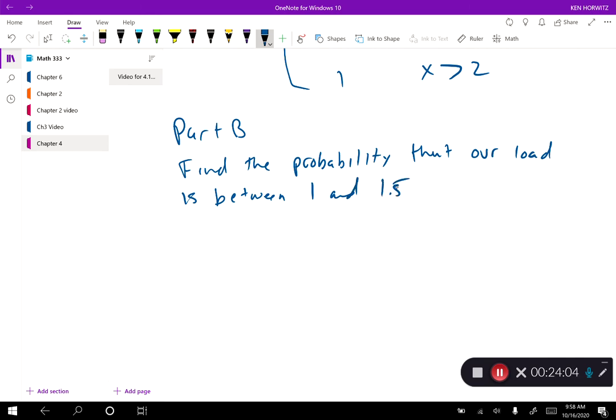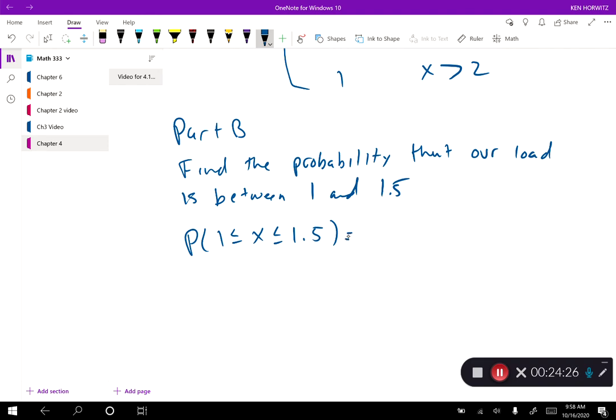All right, so for this, we're going to use our CDF, because if I say I want to know the probability that our load is between 1 and 1.5, I would integrate my probability density function, which I've already done.